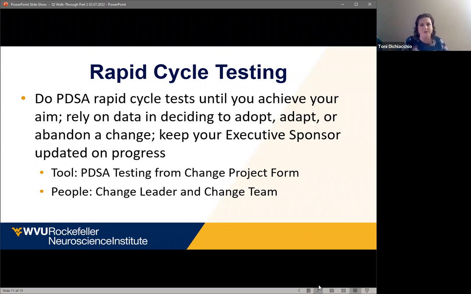You want to meet with your change team as often as you determine is appropriate in between those cutoff dates, because that's the point where people could bring to the team, you know what, this isn't working exactly right. I think we need to change the order in which we do these interventions, or we need to bring someone else in and inform them or educate them about this intervention because we don't have consistency between team members.